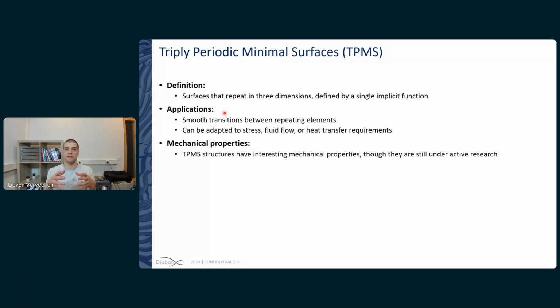Basically, if you have a TPMS element and you place another one right next to it, independent of where it is, the connection between them will be smooth. And they can be adapted to stress, fluid flow, and heat transfer problems. They also have interesting mechanical properties, but this is still an active research field.